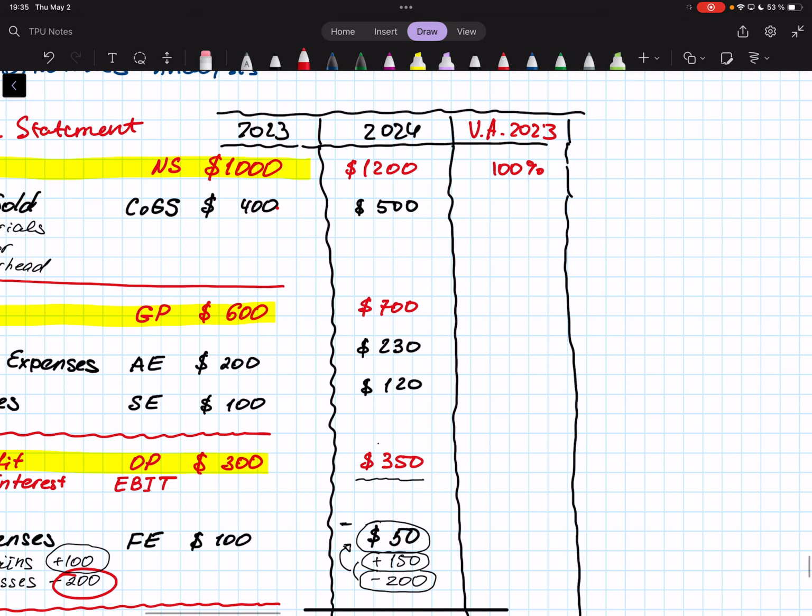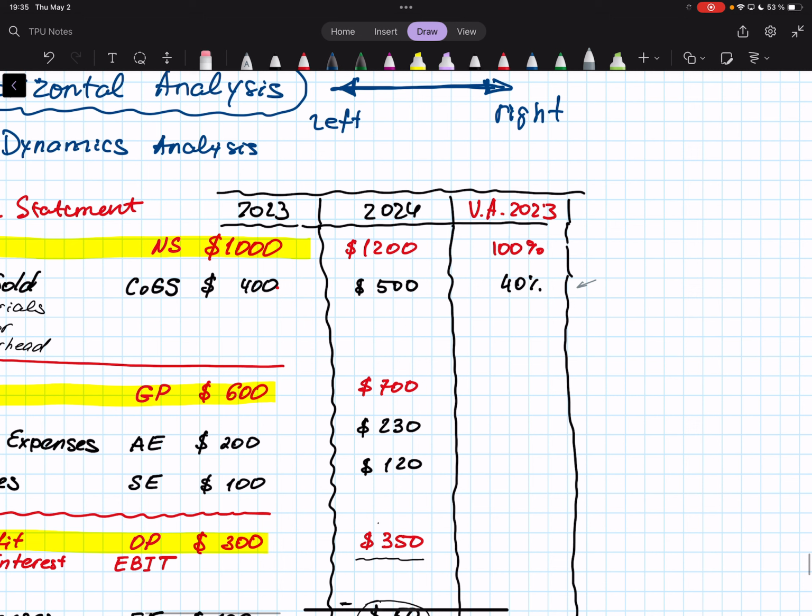then cost of goods sold, which is 400, will be how many percent? 40%, right? So I write here 40%. How did I get it? I take the 400 divided by 1000 times 100%, right?